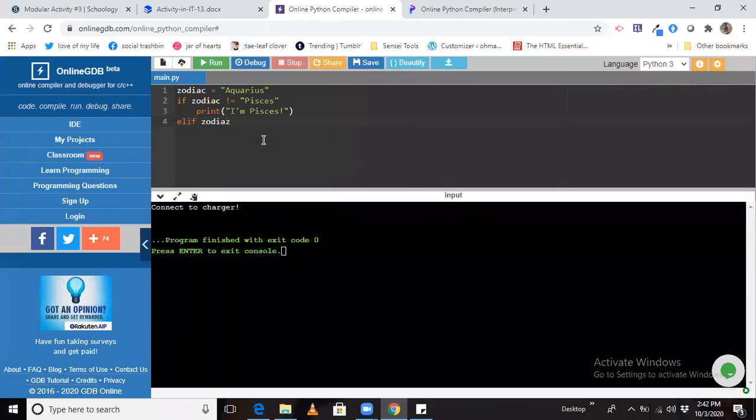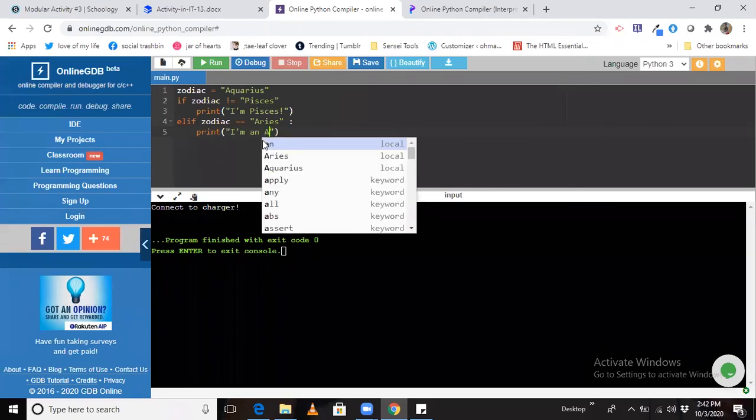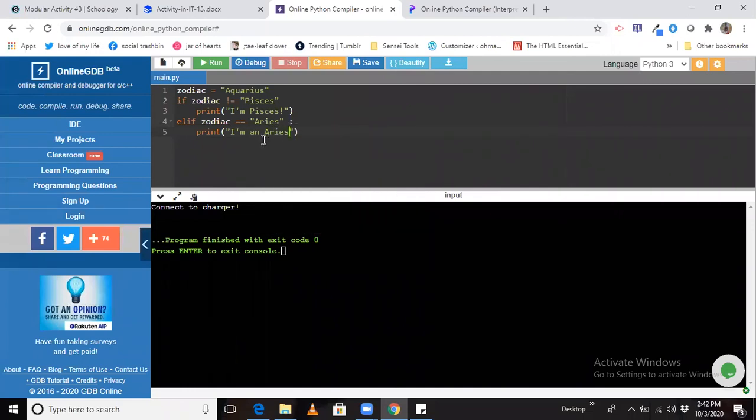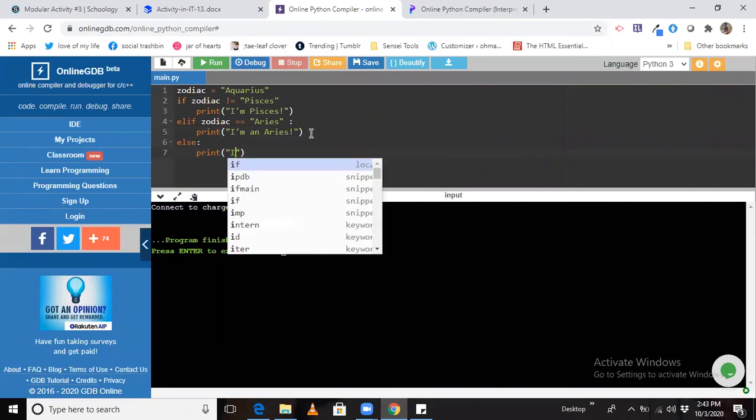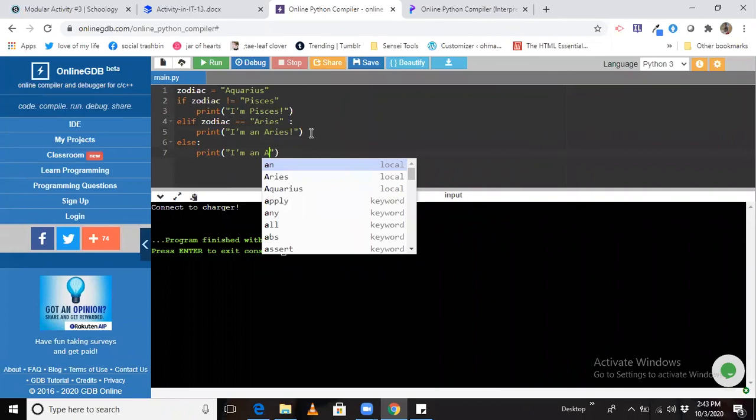Sojak equals to Aries. Print Aries. And then else, print I'm Pisces.